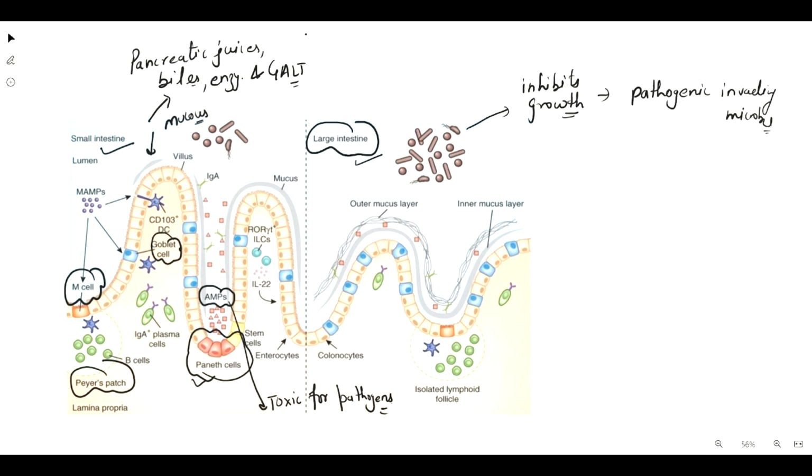And there is another one which is known as your isolated lymphoid follicle, which is rich in your B cells and leads to the secretion of IgA, which is secretory immunoglobulin, right? So your gut actually contains certain types of specialized cells, which help in the degradation or digestion of certain types of antigens.